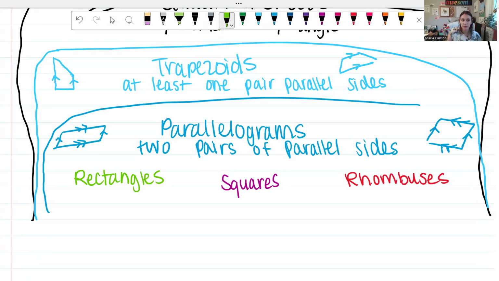Rectangles have two pairs of parallel sides, and they have four right angles. So here is my rectangle, drawing it at an angle for a reason. You can see that all of the angles are right angles, and all of my opposite sides are parallel.